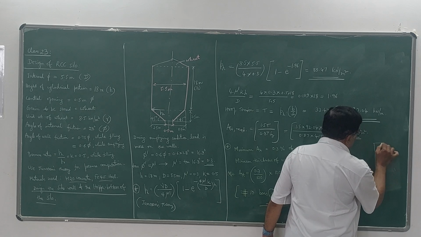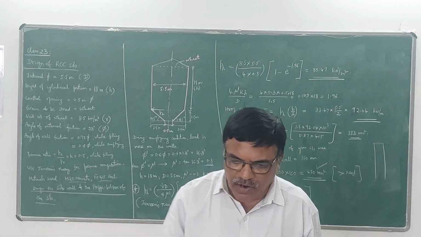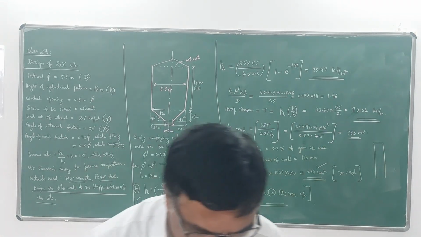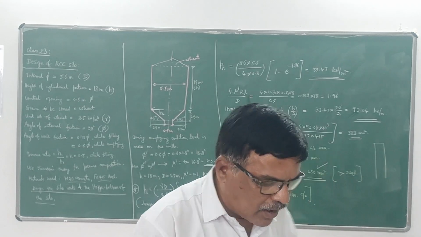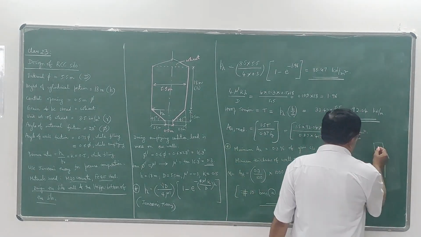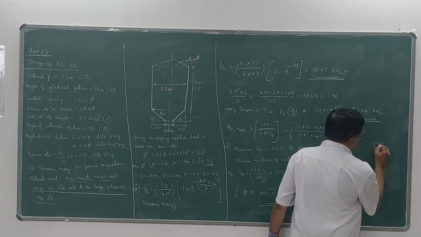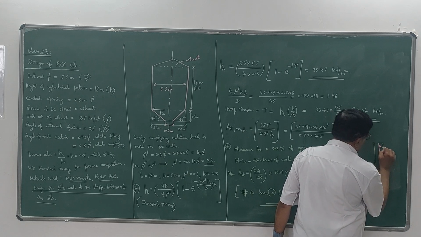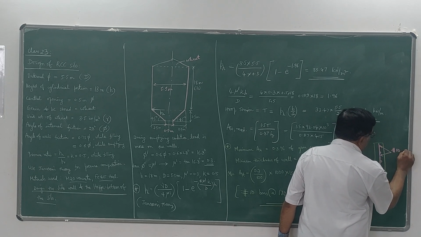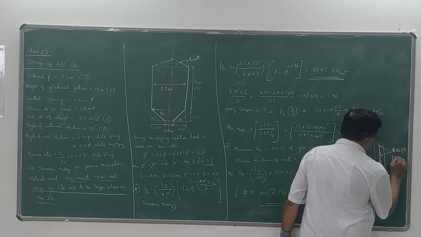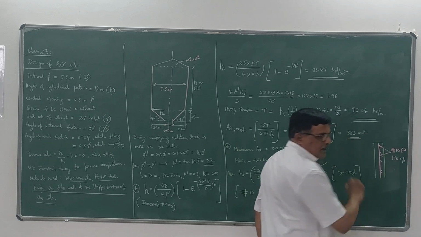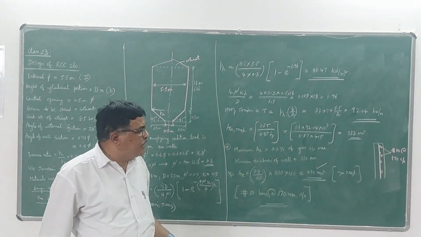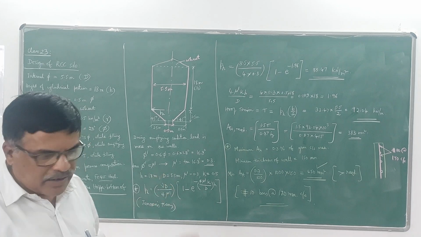If you are providing reinforcement in this wall, you have to provide in both directions, that means both along the circumference as well as vertical. See, this is how it is provided. Both of these will be Tor 10 at 170 mm center to center. So this is the reinforcement that is required in the wall.